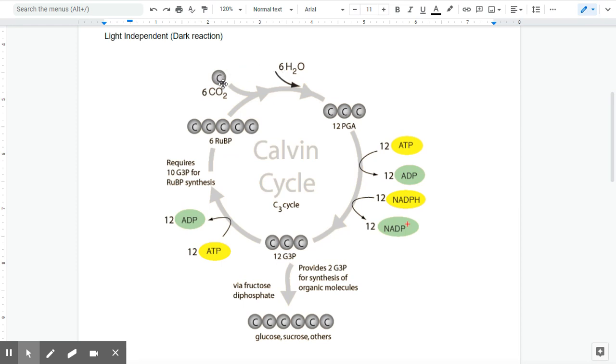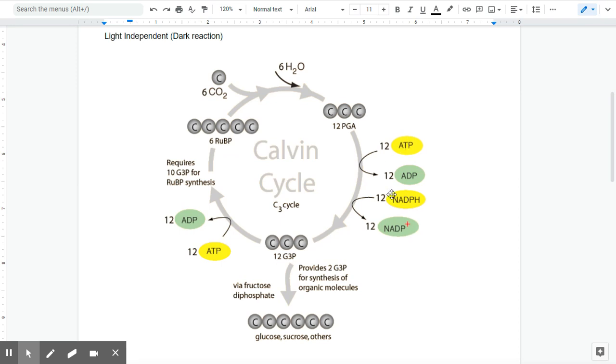So we take our carbon dioxide and some water and we put it into this cycle and we intake ATP and NADPH. And what happens is it actually takes the extra energy from these two molecules and breaks them down into their previous, lower energy forms.